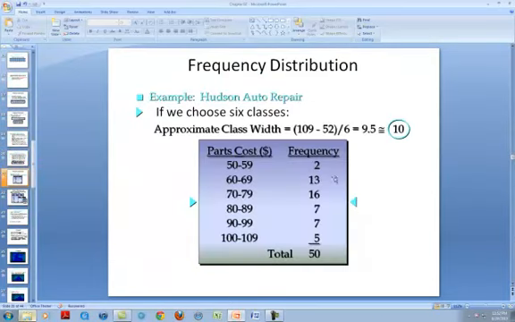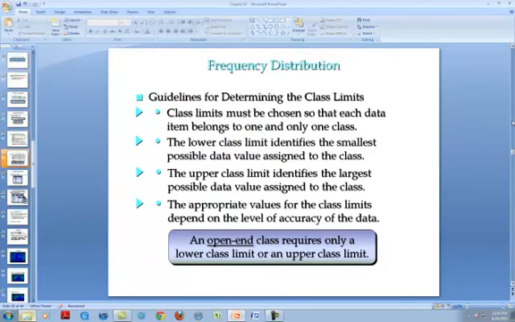Right? So you can do that for each class, making sure to correctly tally, and you will get to all these observations. So there are 7 observations between 90 and 99 and so on, and the total should be equal to 50. Let's deal with some final recommendations and observations.